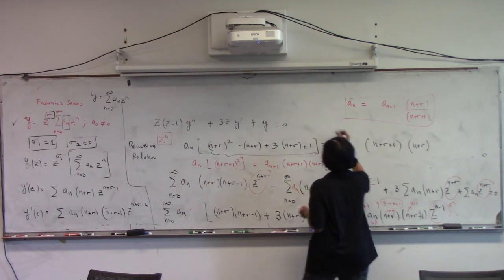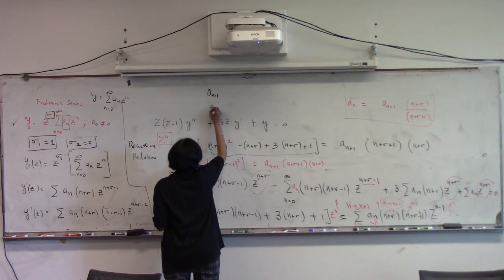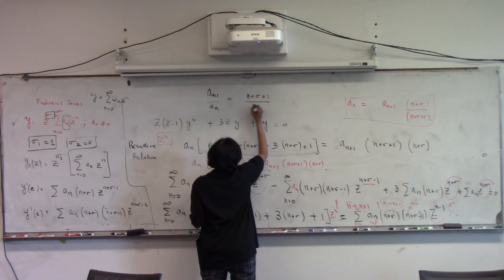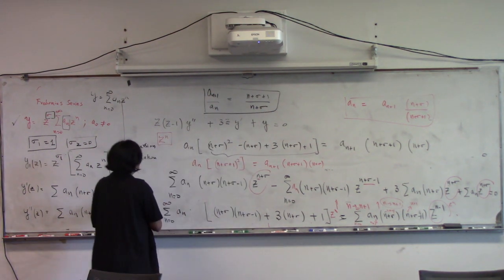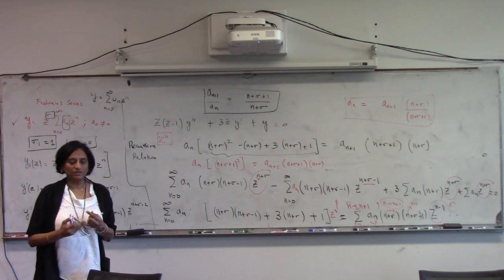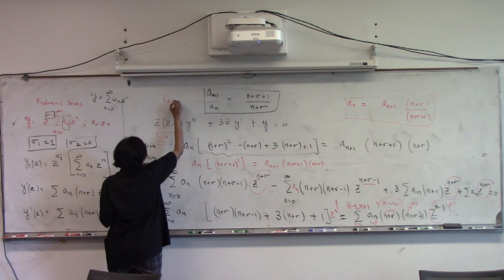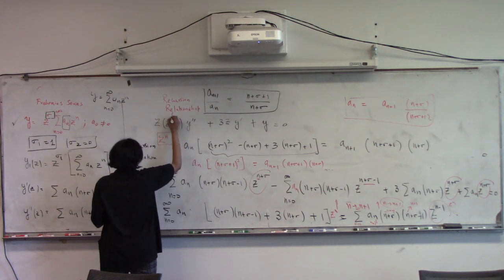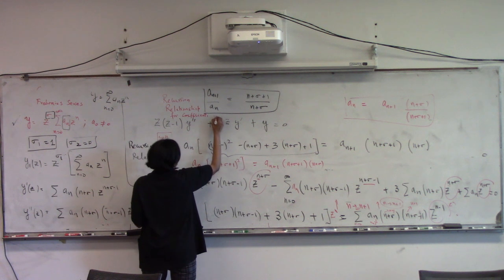Or the recursion relationship is a_n plus 1 over a_n is nothing but (n plus sigma plus 1) over (n plus sigma). So that is your recursion relation, which is connecting different coefficients, a1 with a2 and so on and so forth. We're writing it very generally, that's all it is. This is for coefficients in the Frobenius series.